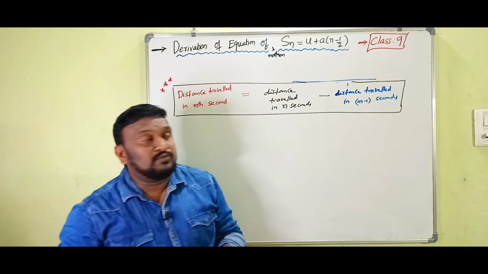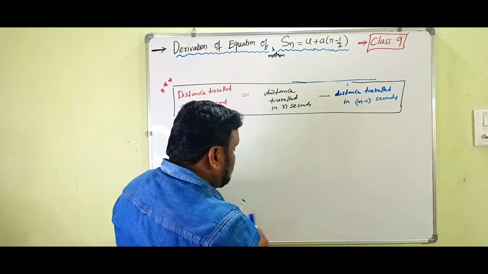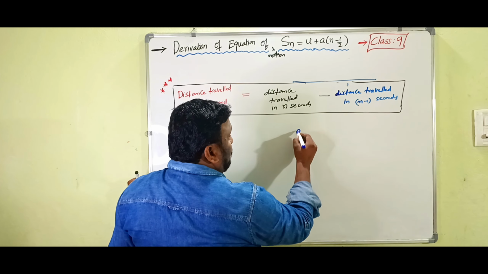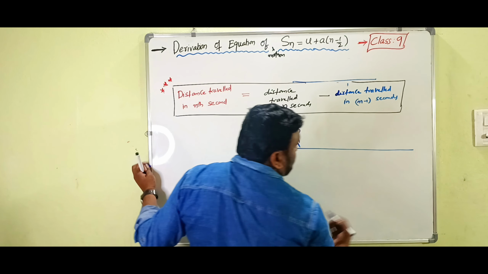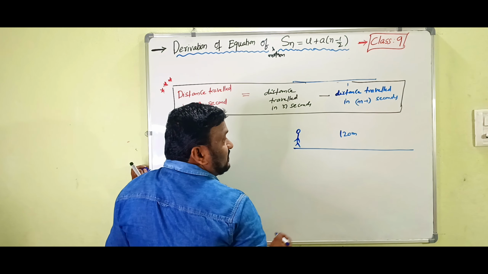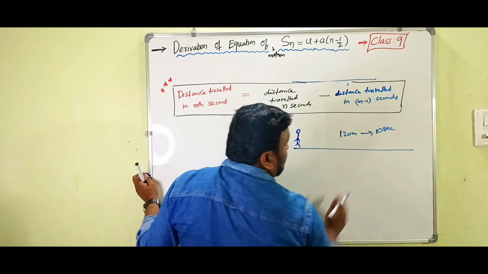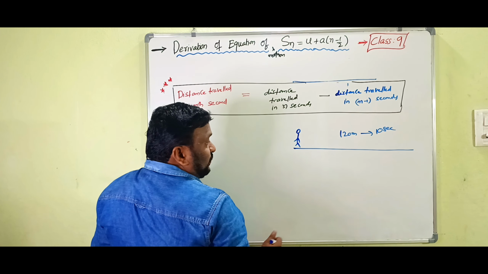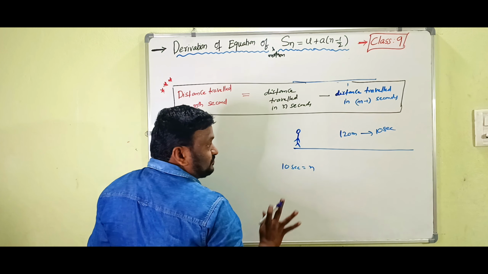I will give one example for you, then you can understand this automatically. For example, here a boy covered 120 meters in 10 seconds. So here 10 seconds is nothing but n.